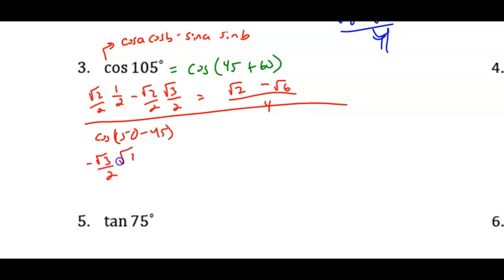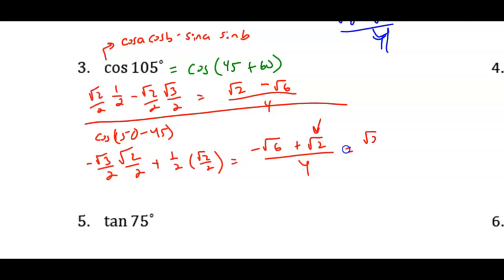Cosine of 45 is radical 2 over 2. Plus sine of 150 is going to be 1/2. Sine of 45 is radical 2 over 2. That right there gives you negative radical 6. This one gives you radical 2, all over 4. But if you rewrote this so the positive is first, radical 2 minus radical 6 over 4, which is the same thing.